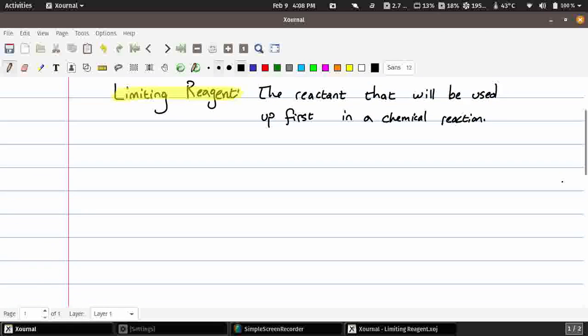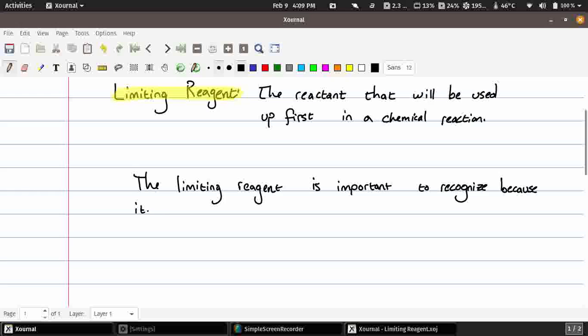Now, I'm going to do another definition real quick. The limiting reagent is important to recognize because it is used to calculate your theoretical yield of product.